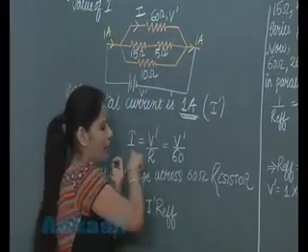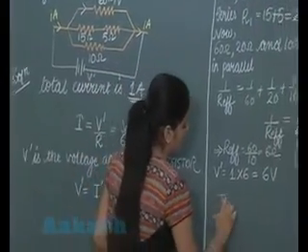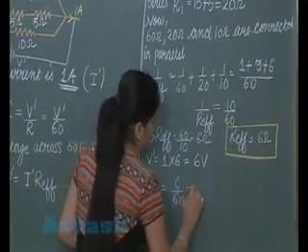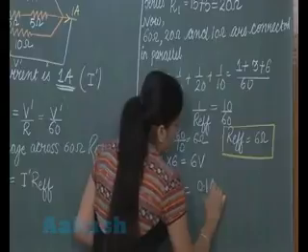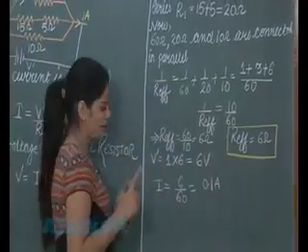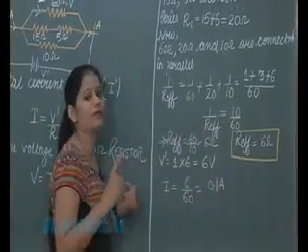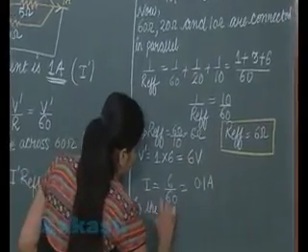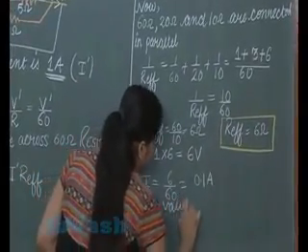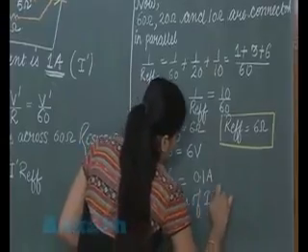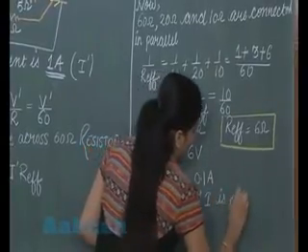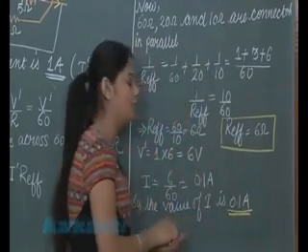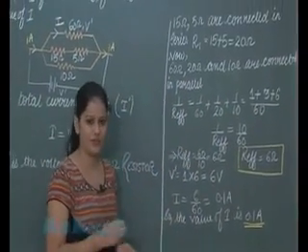We have to find out I. So I is equal to 6 by 60, which is 0.1 ampere. So student, the value of I is 0.1 ampere. Student, I hope this question is clear to you. Now let's solve another numerical.